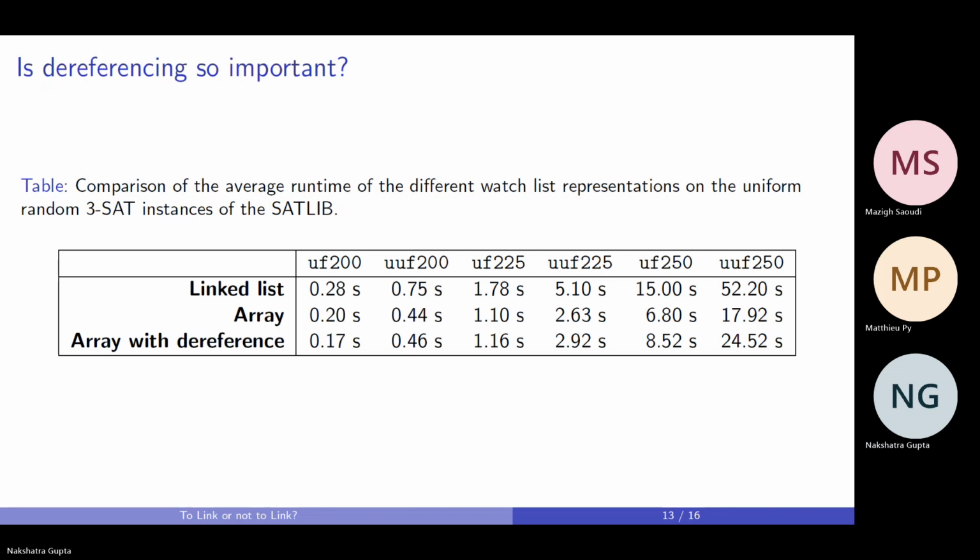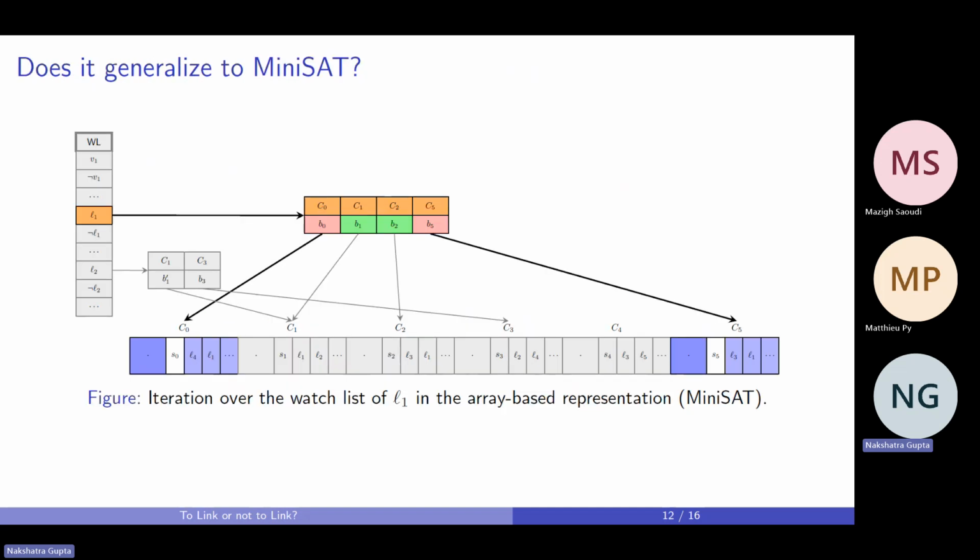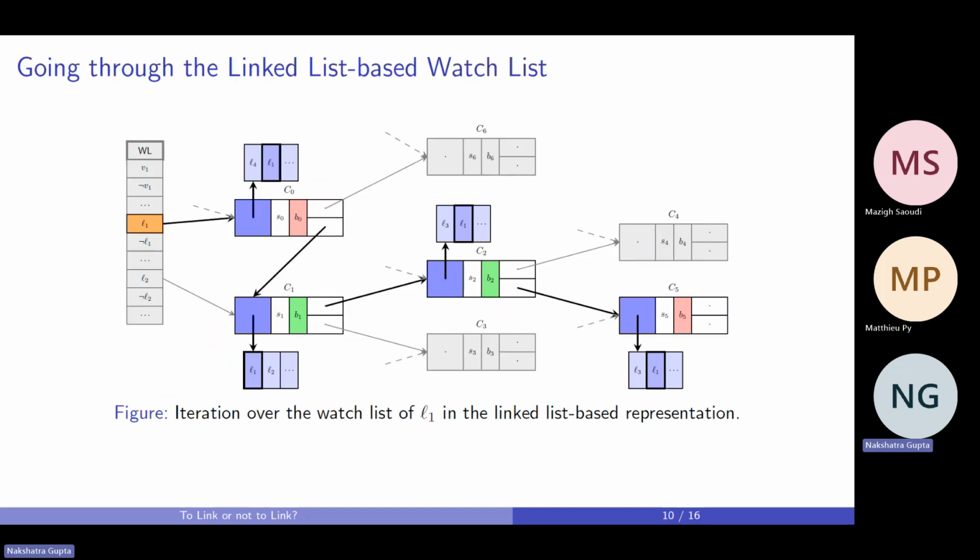Does it make sense? Yeah, it makes sense. So the clauses themselves are together, it's just the literals that are aside. So this only applies if the blocker is not satisfied. But it is true that if you have the linked list, you have to dereference them anyway, and so having them more local might help. Yeah.